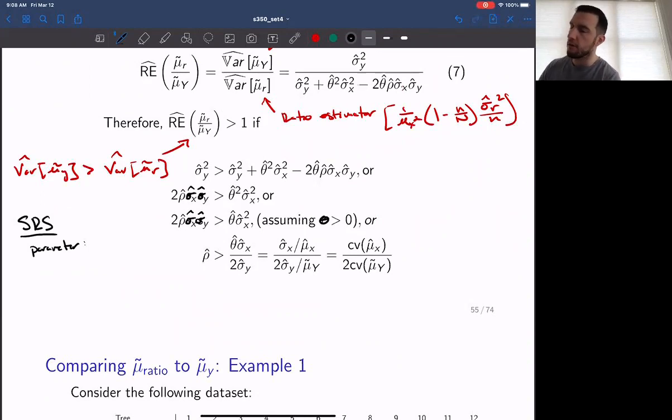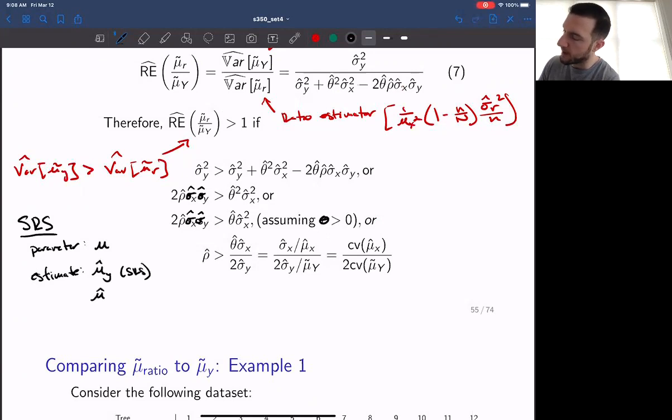But for the purposes of relative efficiency, suppose you have a parameter mu. We can have a statistic or an estimate, which would be mu hat y. So this would be our SRS estimate.